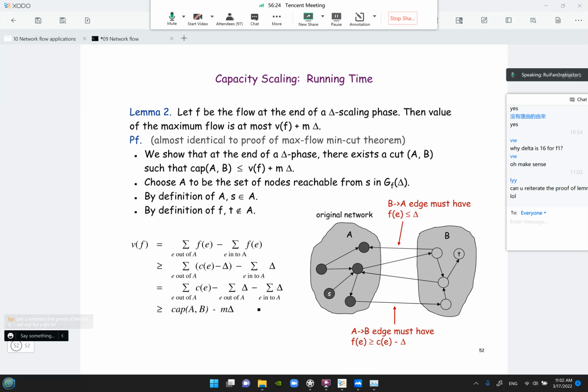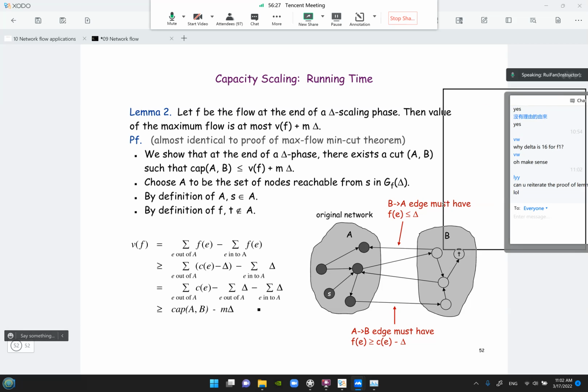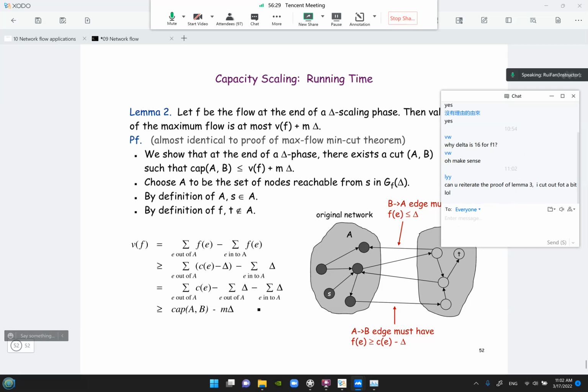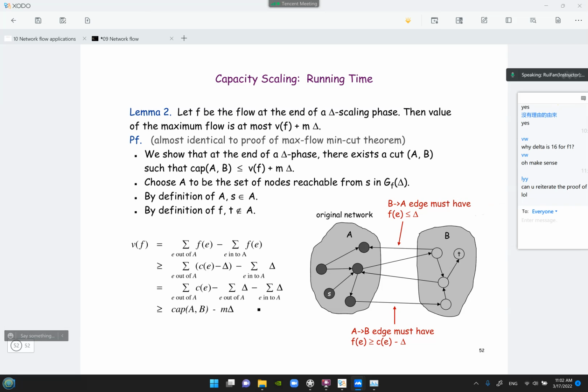Let's see. Can you reiterate the proof for lemma 3? Oh, okay, sure. Yeah, yeah. I think the network was like not very stable. So, by the way, I put a recording of the previous lecture on Blackboard, right? So you guys, you saw that, right? Yeah. So hopefully that doesn't have any of these disconnection problems.